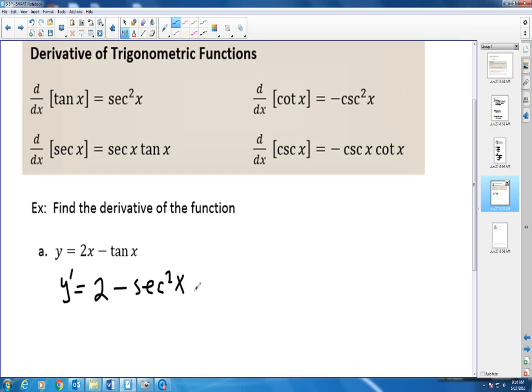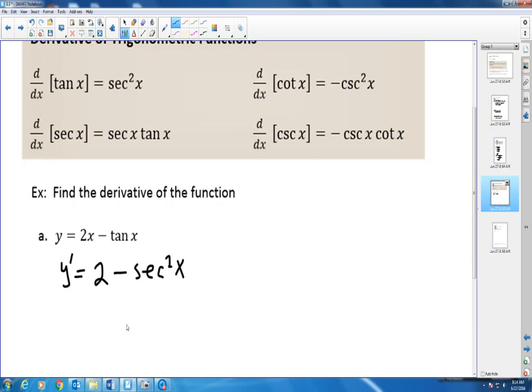And that's it. A lot of times when we're dealing with trigonometric functions, you also have to notice the forms. The answer might be in some other form where we can manipulate even some more. Always watch out for that. But not this one. This is the answer.